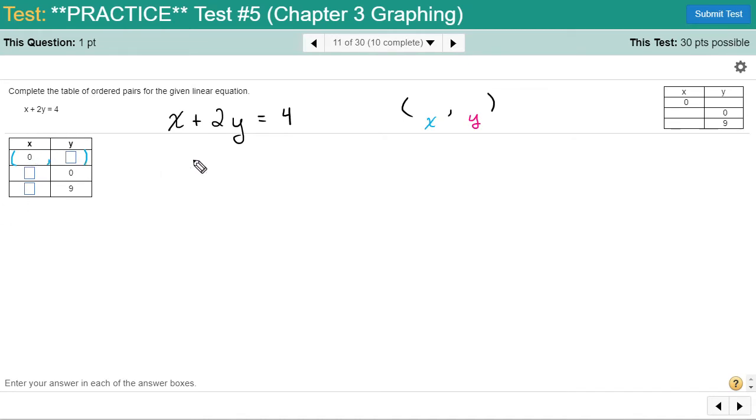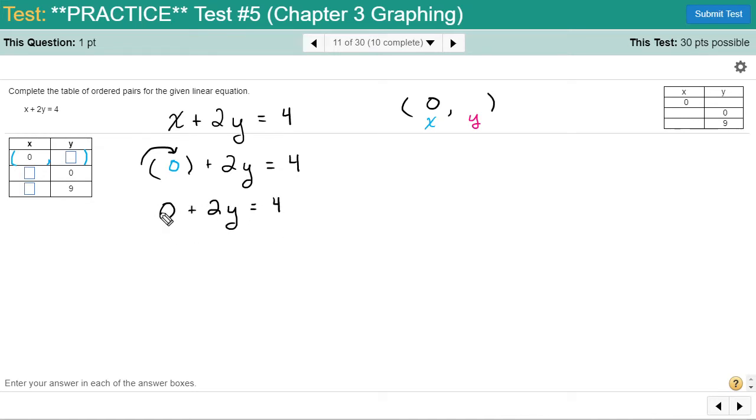Since we were given an x value, in this case 0, let's find the missing y by plugging what we were given into the equation and solving. So let's plug in our x, in this case 0, plus 2y is equal to 4. Let's clean this up and solve for y. In front of this set of parentheses is an invisible 1 as the coefficient, so when we distribute, positive 1 times 0 is still 0, plus 2y is equal to 4.